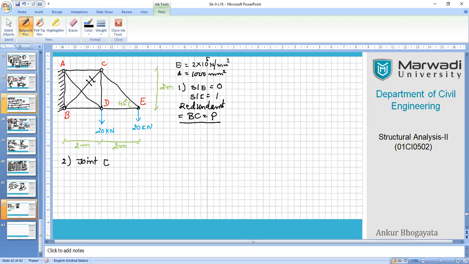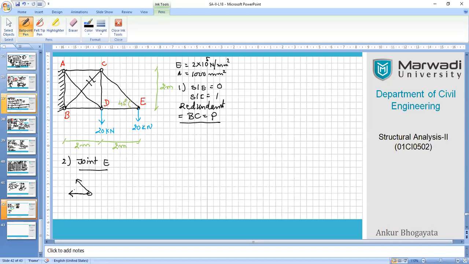First, we'll start from joint E naturally. So now your turn starts. Give me the values of all the forces. We will assume all the forces are in tension at the moment. And if the sign comes into the different direction, like if sign is negative, then we will assume that this particular member is originally in compression.